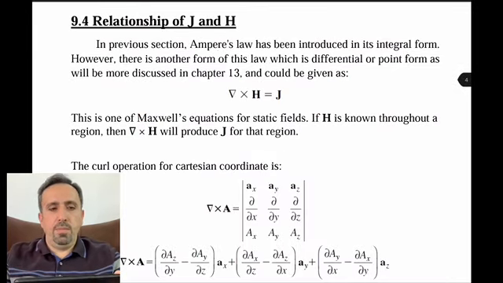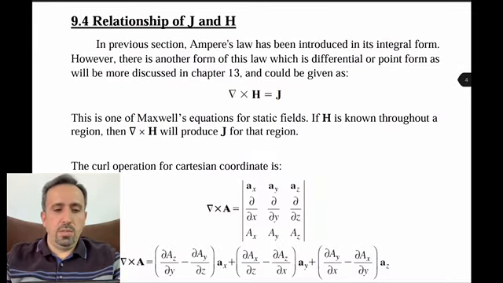Now, section number 9.4, relation of J and H. Previously we have been talking about J as a current density in chapter number 6, and its unit is ampere per meter square.